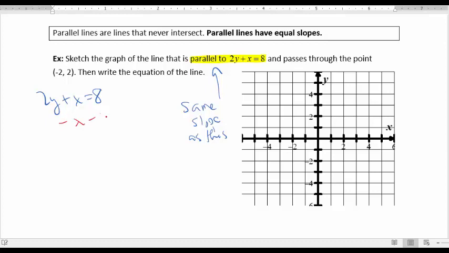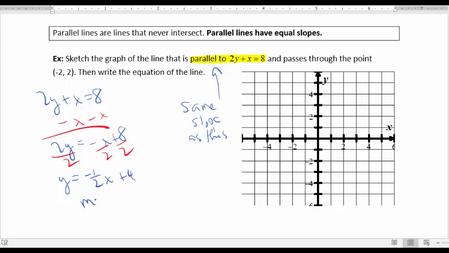We subtract x, and then we divide by 2. Once we do this, the equation of this other line ends up being negative x over 2, which is really negative 1/2 x, plus 4. So the slope is negative 1/2. So the slope of the line that we're going to graph is also negative 1/2, right? Because they have equal slopes.